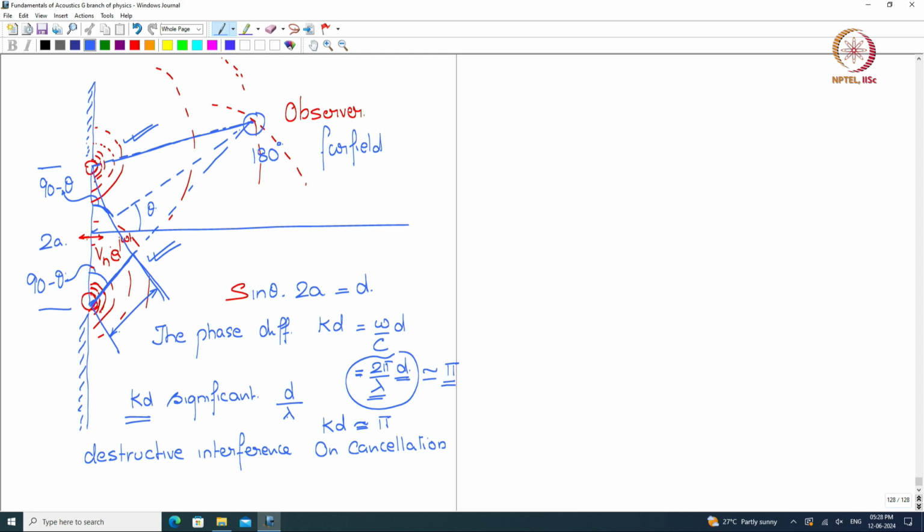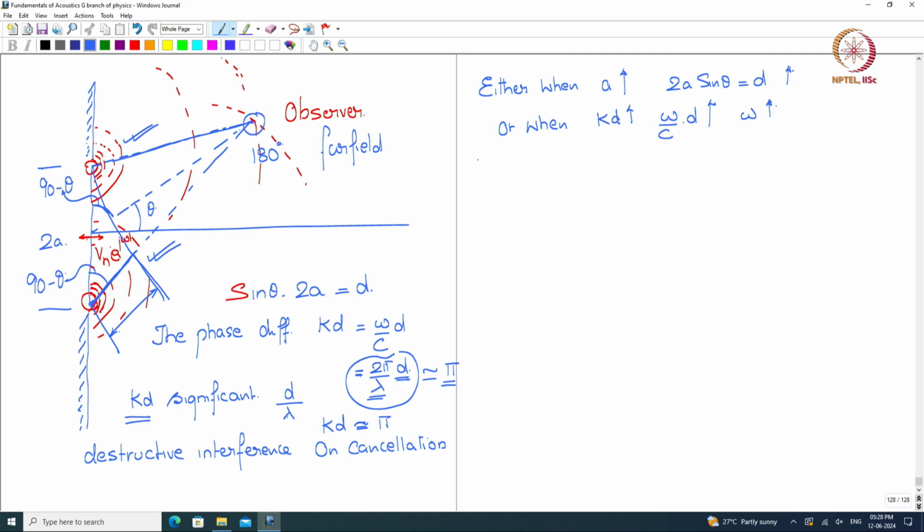And so either when a goes up, then 2a sin theta, which is d, can go up. Or when kd goes up, that means omega by c into d goes up, which means omega goes up.